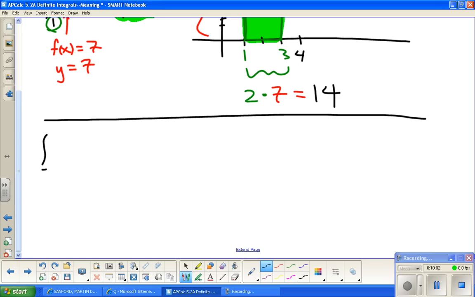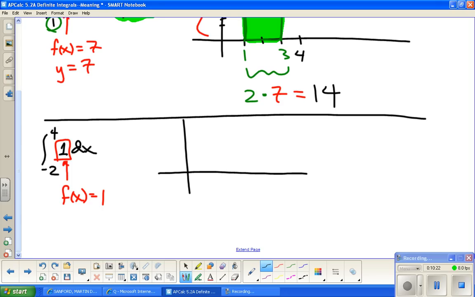Let's go from -2 to 4, and let's do 1 dx. This is very exciting. Again, this is the y. This is f of x equals 1. This is the argument of the integral. We're going to do just a little graph so we understand what's going on here.